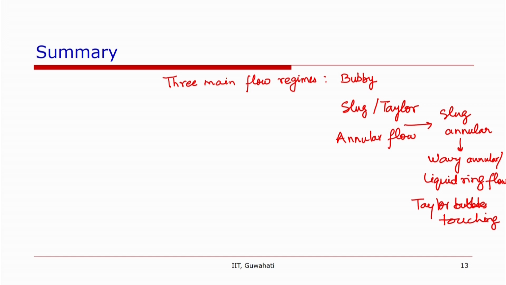Apart from that, we also have churn flow, which is basically when you have intermediate gas velocities and higher liquid velocities, then one can have churn flow, and this is again another transition flow regime.